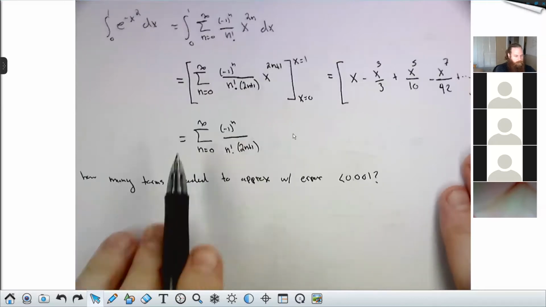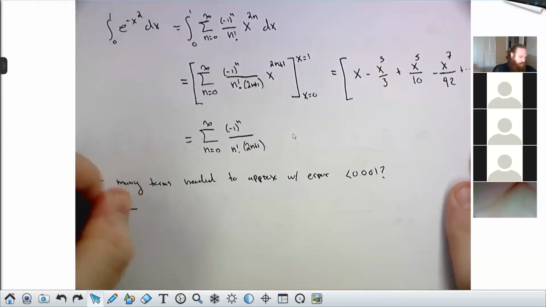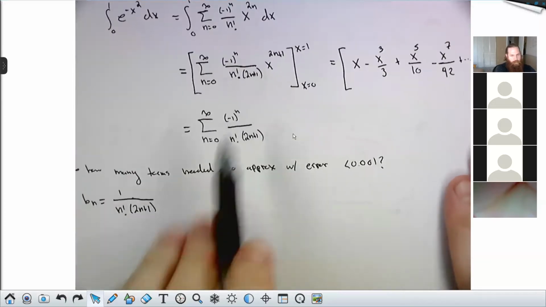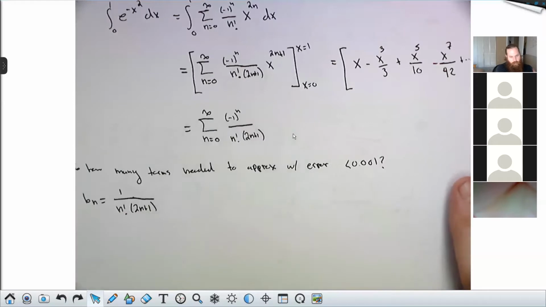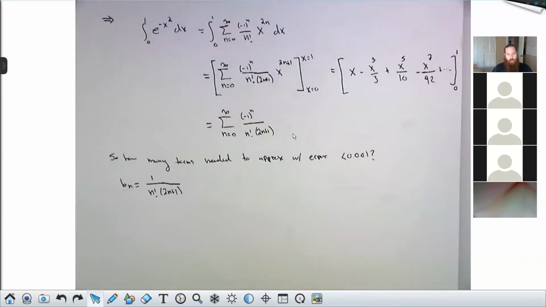Well, this is an alternating series. The bn's here are 1 over n factorial times 2n plus 1. I'm not going to talk about convergence here. I know that this series converges because the power series that I integrated has an infinite radius of convergence. But I do want to talk about the estimation stuff.